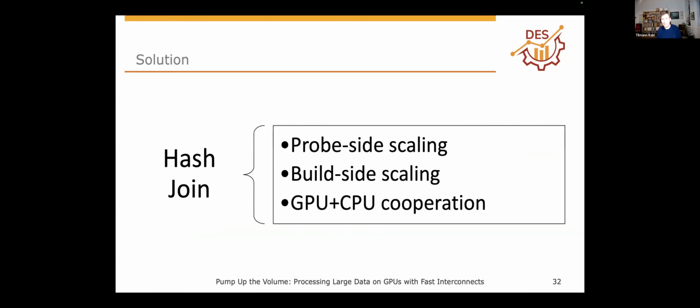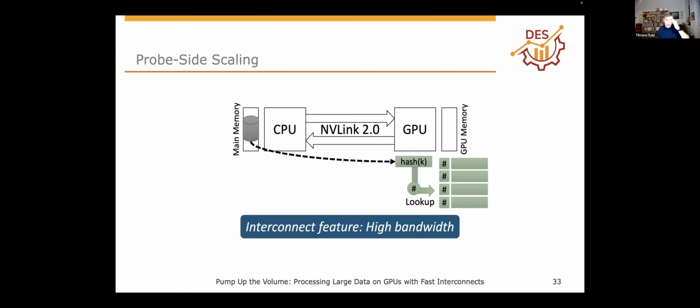And the probe side scaling is basically the simpler one. As soon as we can build a hash table in the GPU, we're just creating a hash table that fits into the GPU, and then using the high bandwidth, fast interconnect to just stream the data into the GPU while we're doing the lookups in the hash table in parallel.